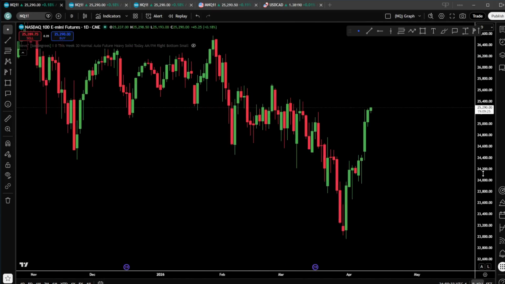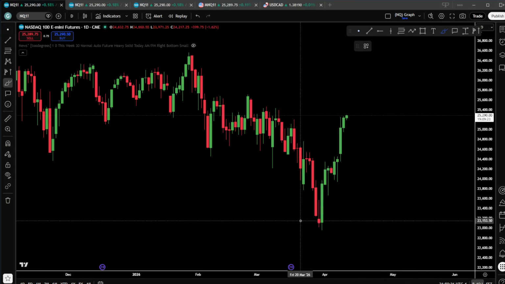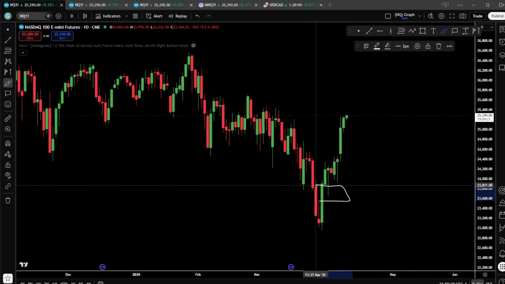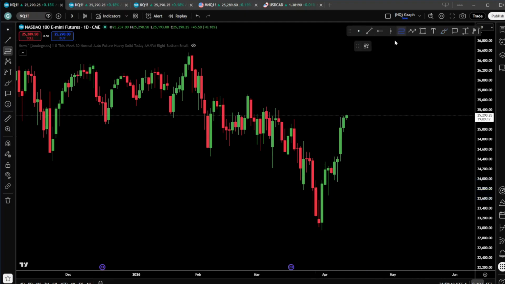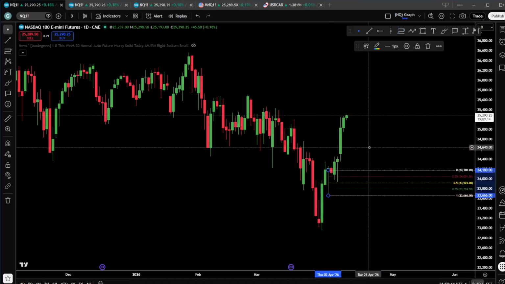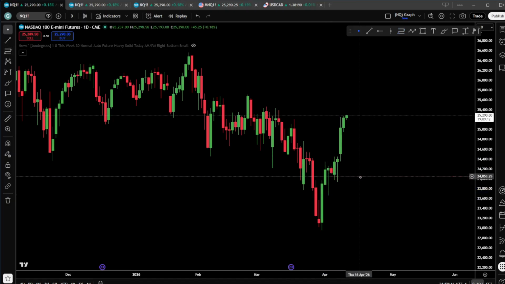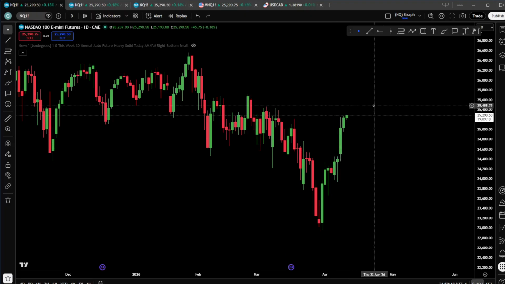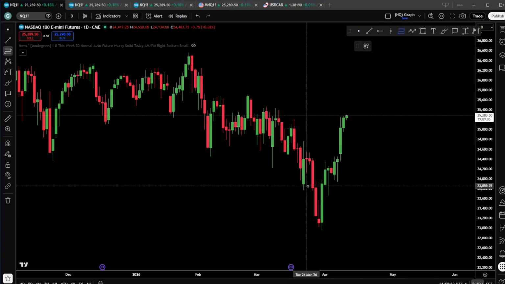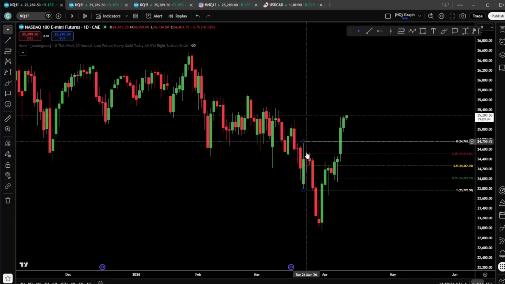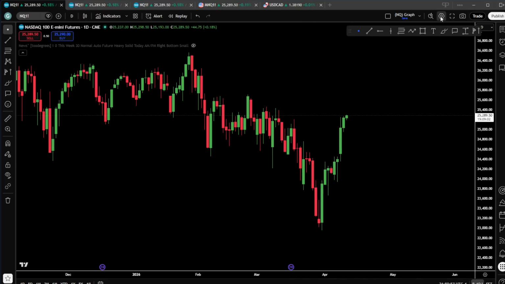If we look at a daily chart, well, you can see the market maker buy model, the low risk buy, the first stage, right inside of the wick of the low risk buy. From there, gapping up, breaking structure, right, creating a daily breaker. So this is the first discount array of interest.